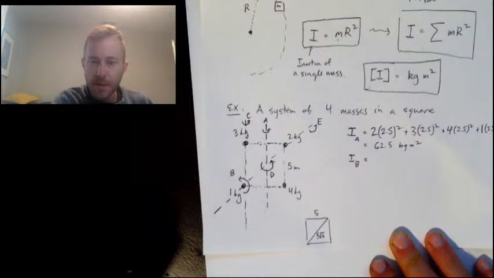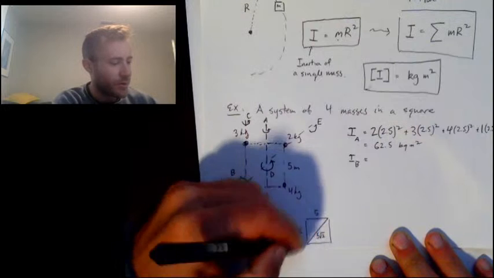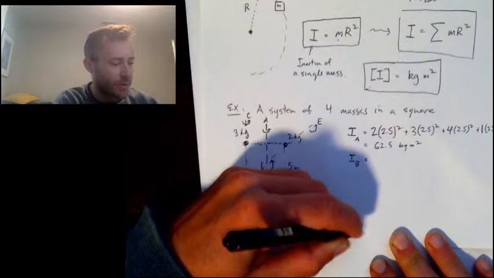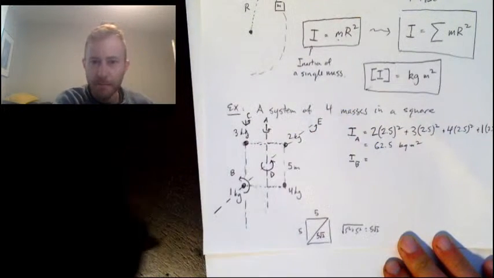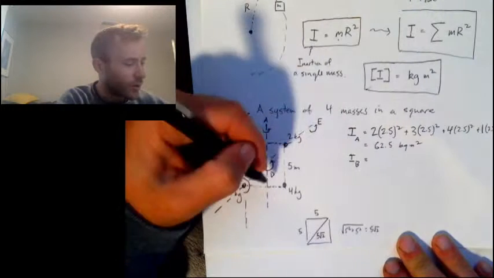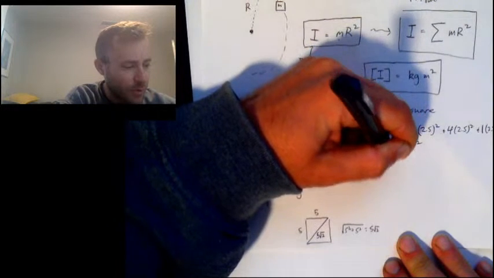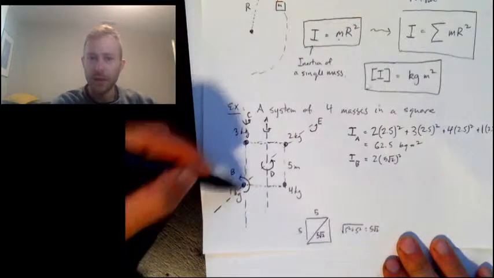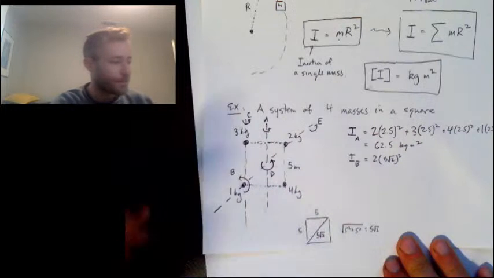And that comes from the Pythagorean theorem, right? Because this distance is going to be the square root of 5 squared plus 5 squared, which ends up being 5 times square root of 2. So when I look at this 2 kilogram mass, it's 5 square root of 2 away from the axis of rotation. So my R value is 5 root 2.